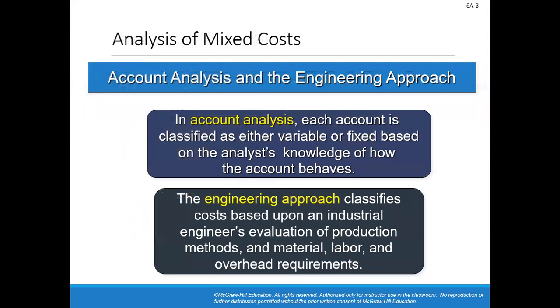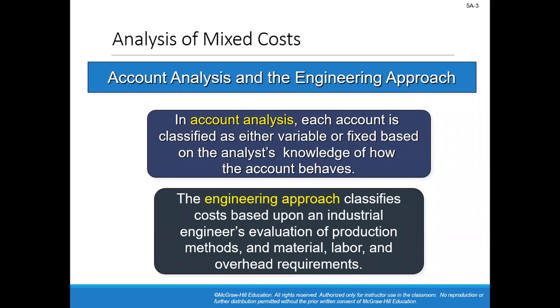The mixed cost is taken care of by accountants and engineers in different ways. The way we have defined the mixed cost in the previous discussion is the approach used by accountants. If there is a cost account, accountants immediately want to find out whether this cost account indicates a variable cost account or a fixed cost account.